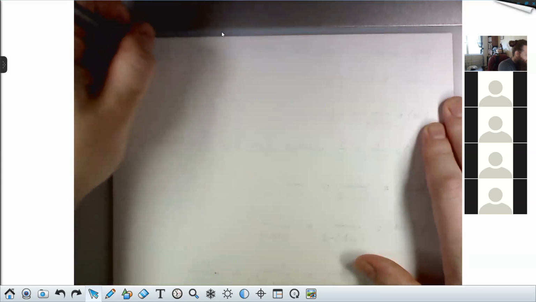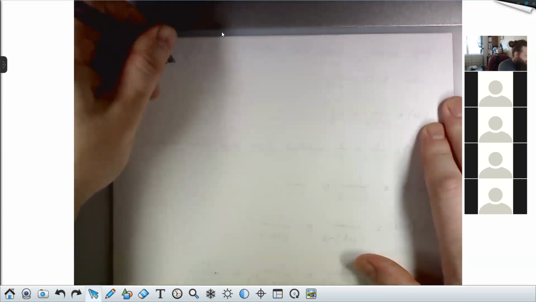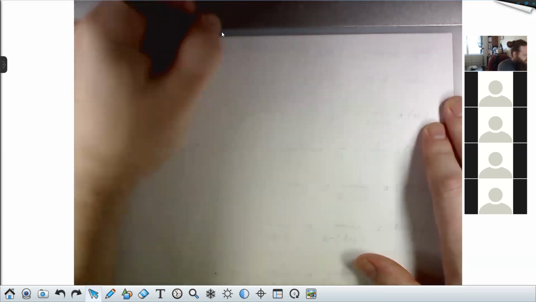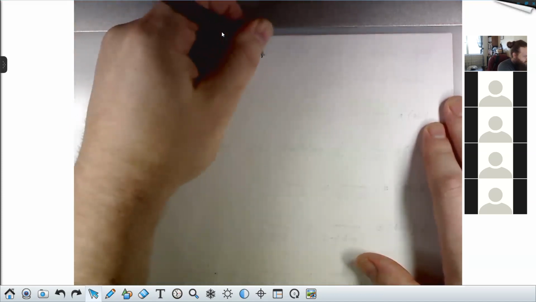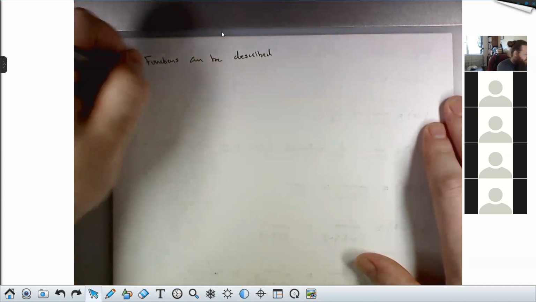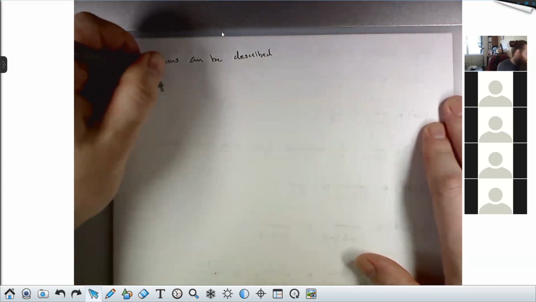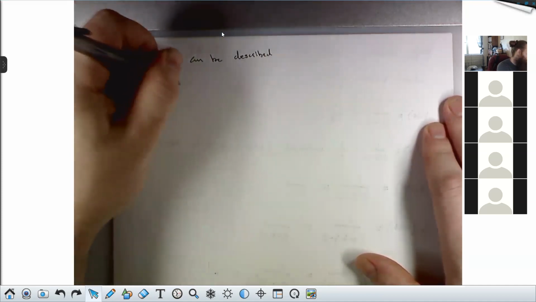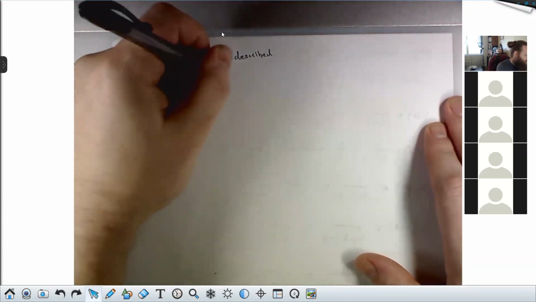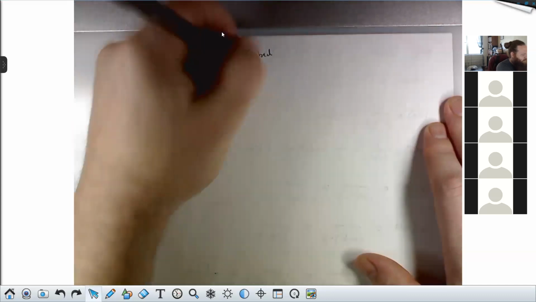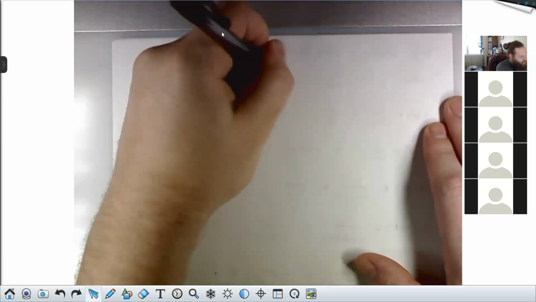The other ways we can describe them: algebraically, that means I give you a formula for the output.